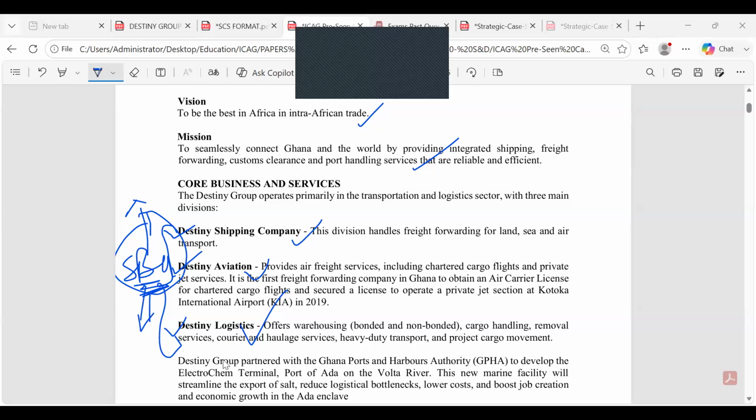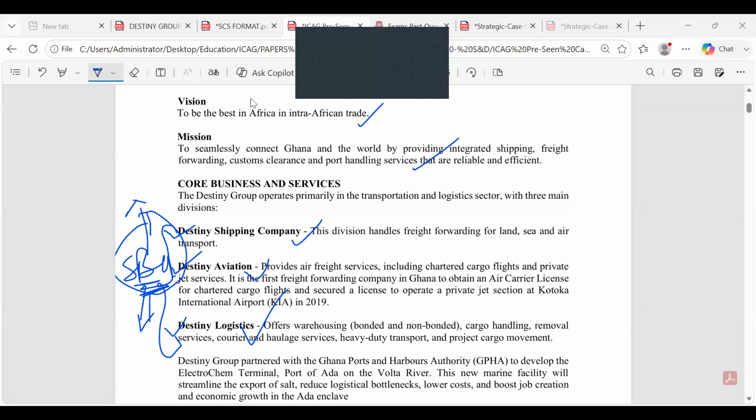But for now, what we have to master is that we have to get to know the contents of the questions, what the question stands for. When we get to know that, then we can see how we can go about it.